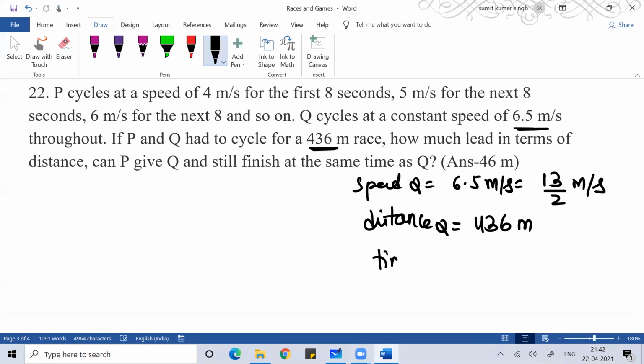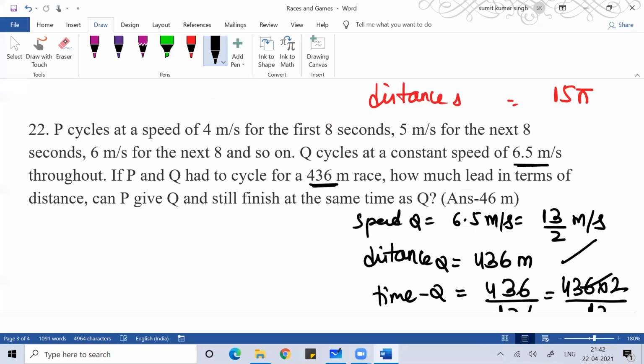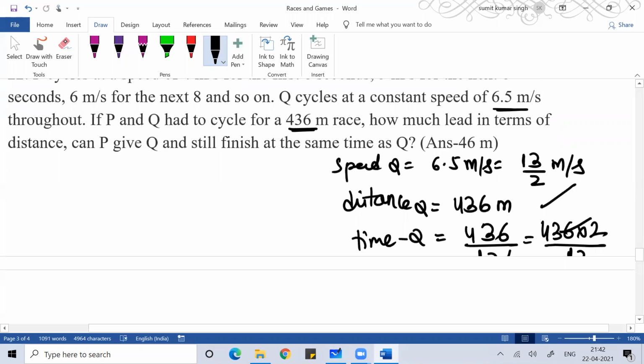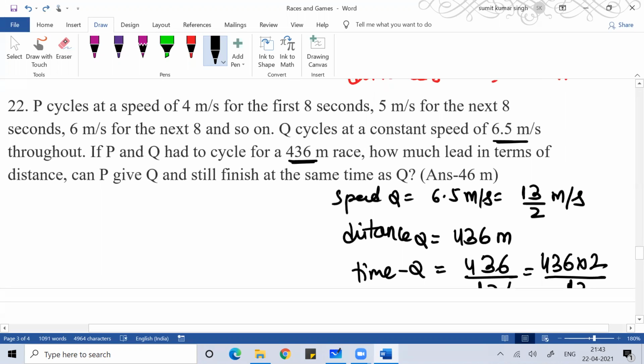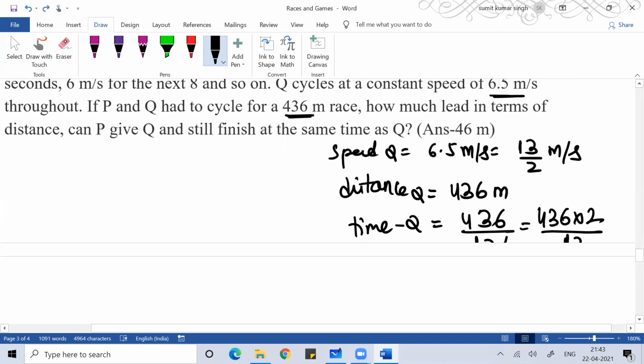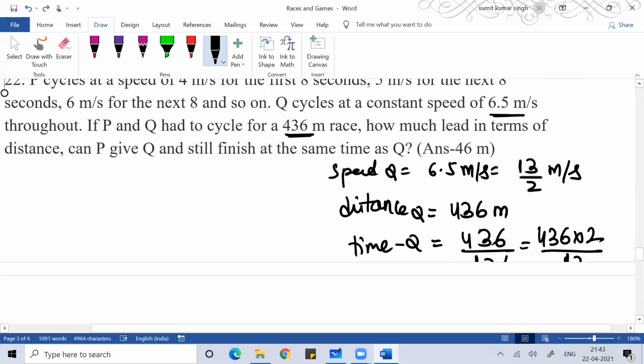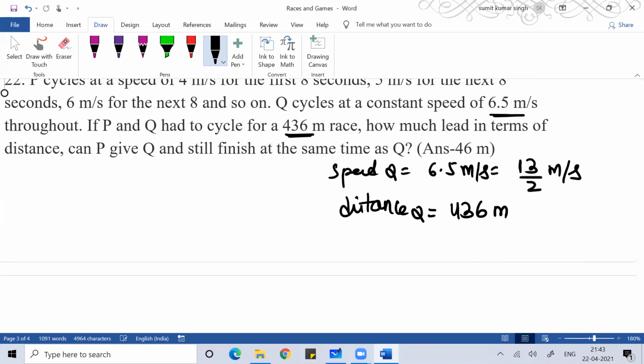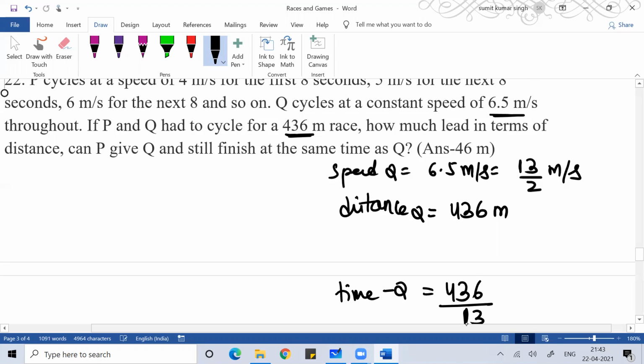So what is the time taken by Q to cover 436 meter? That is 436 by 13 by 2, and it is 436 into 2 by 13. So the time taken by Q to cover 436 meters is 436 by 13 by 2.